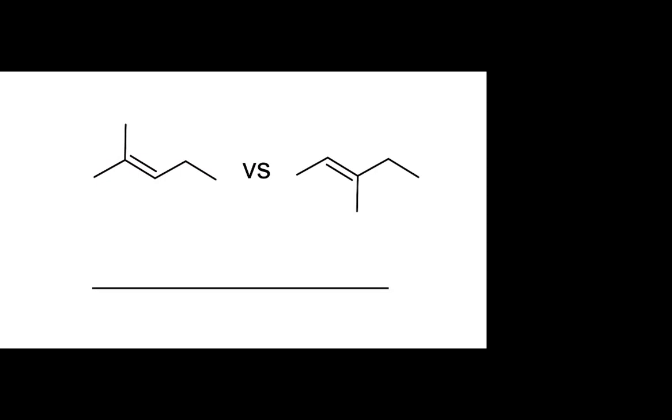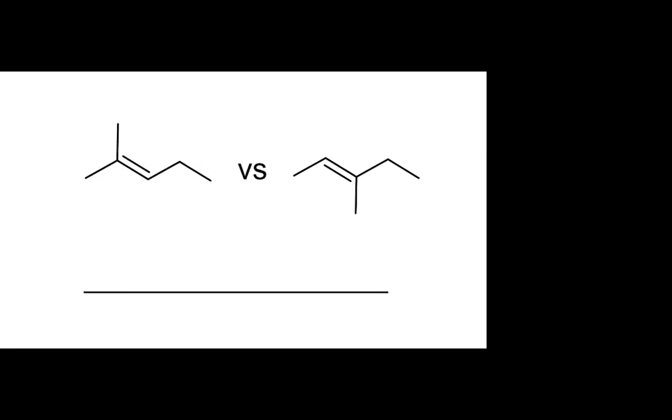Let's get started. First of all, we have to establish if these 2 molecules have the same chemical formula. Let me write in the number of the carbons and hydrogens. So this is a CH3, this is a CH3, this is a carbon, this is a CH, this is a CH2, this is a CH3.